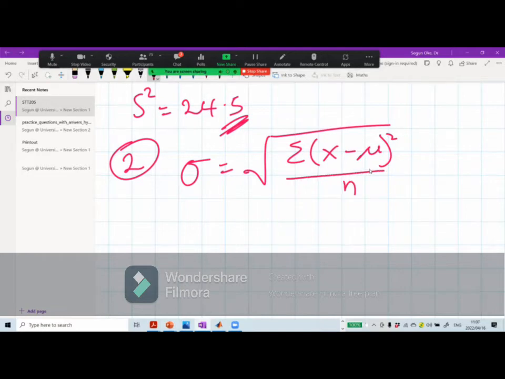The difference is population has N, while the rest.